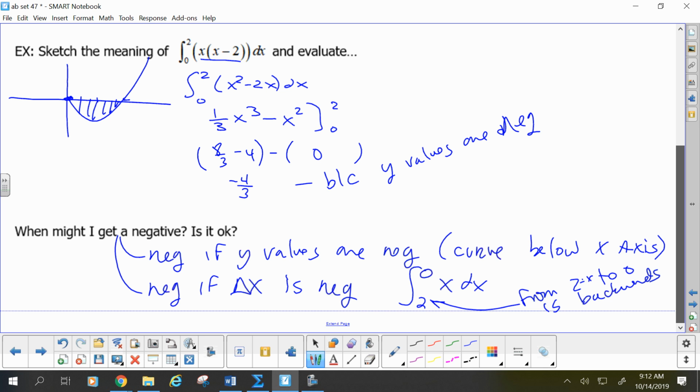That's from x equals 2 to x equals 0. So delta x is negative. If I were to evaluate that integral, you would actually get a negative answer, not because the curve is negative, but because you're going backwards. That's a definite integral we'll talk about, but to answer the question at the end of the day, is it okay? Yes, negatives are okay for definite integrals.